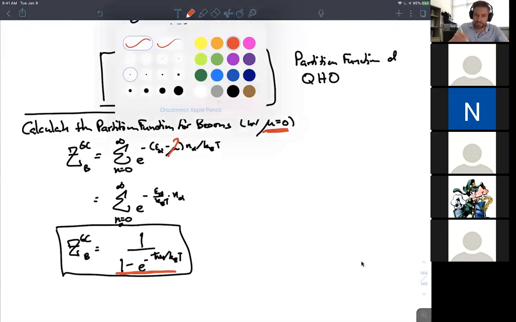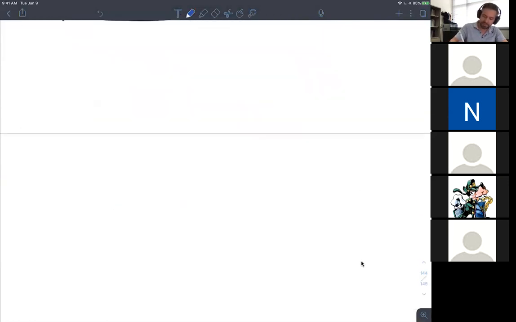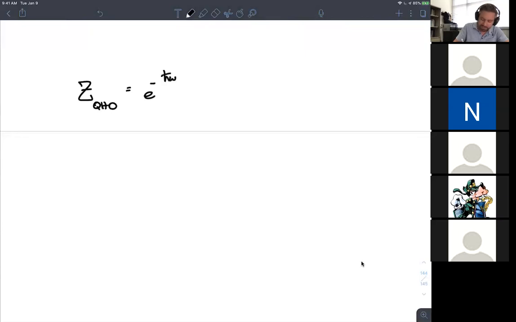The only difference is that when we talked about the oscillations of a quantum mechanical lattice, we get this extra constant out front, e to the minus h bar omega over 2 kT. In other words, the partition function for the quantum harmonic oscillator is equal to e to the minus h bar omega over 2 kBT times the partition function for bosons in the grand canonical ensemble.